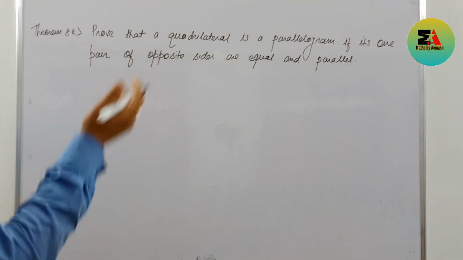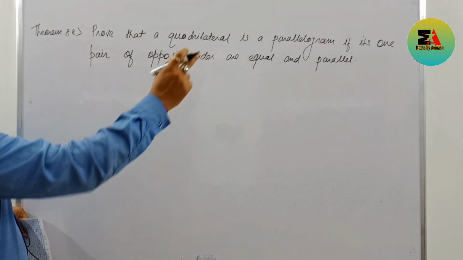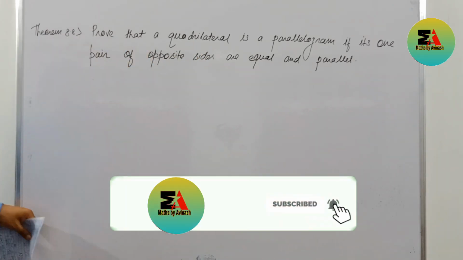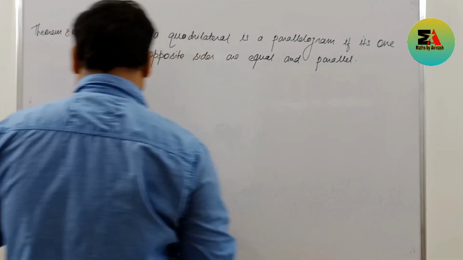The theorem says, we have a quadrilateral, then we have to prove that it is a parallelogram when opposite sides are parallel and equal. Clear?